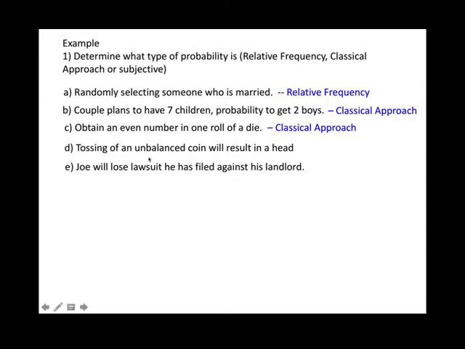Since this is unbalanced, we don't know the probability of getting the head or the tail, so this is similar to performing the experiment. That will be relative frequency. And then E, Joe will lose the lawsuit he has filed against his landlord. So this is subjective.